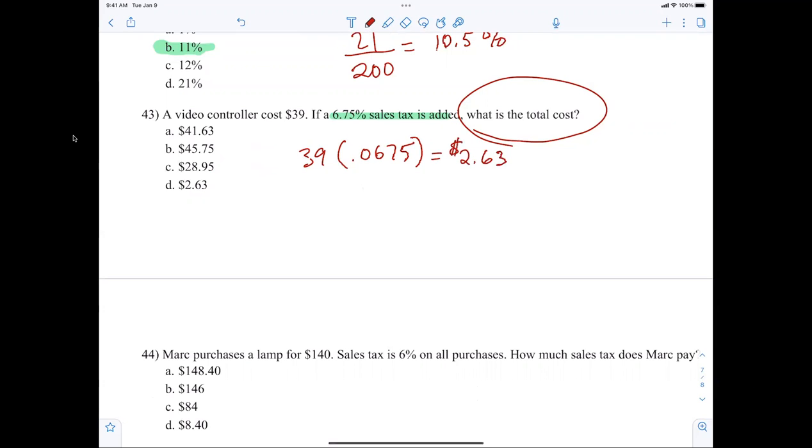Come on, help me out. Is it 263? Is that right? 39 times 0.0675. Yeah, about 2.63, right? And then we add it to the cost because you have to pay the tax. All right, so my final answer for 43 was what?